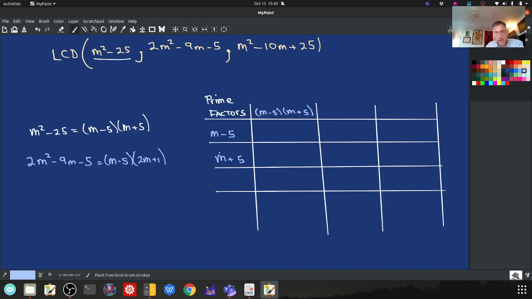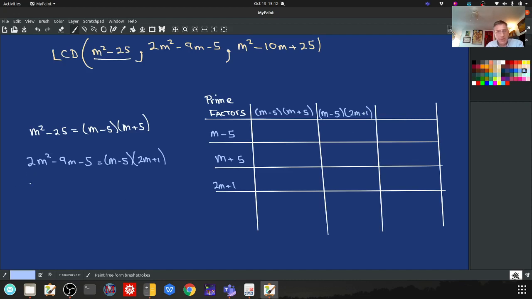So the only one I have to add to the prime factor column is 2m plus 1. But I do want to write my second expression as m minus 5 times 2m plus 1 here in its factored form, not in this form, 2m squared minus 9m minus 5, but in its factored form.